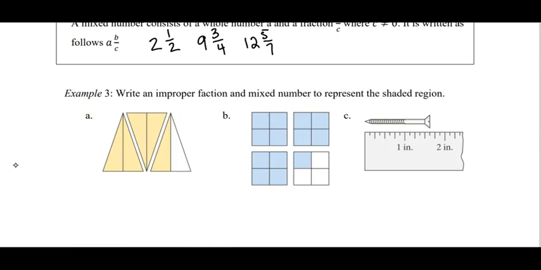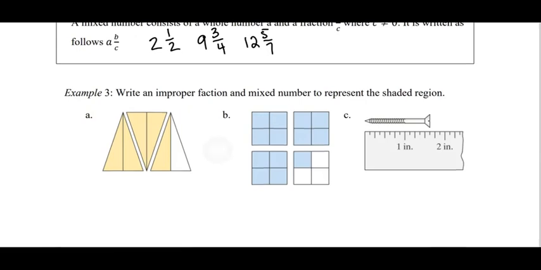That means that in each triangle, 2 parts make a whole, so our denominator is 2. Each of these triangles is divided in two, and I'm only using one out of those two parts.